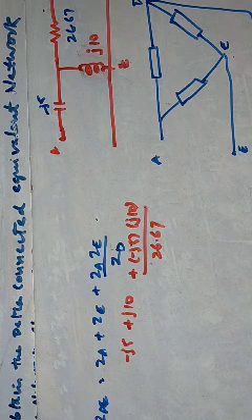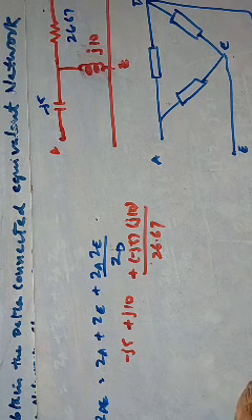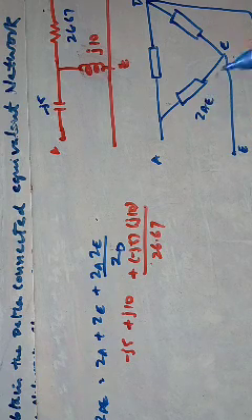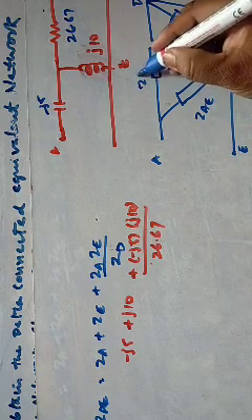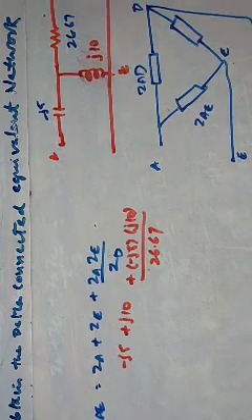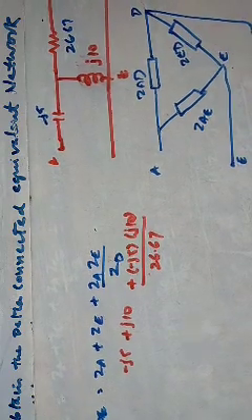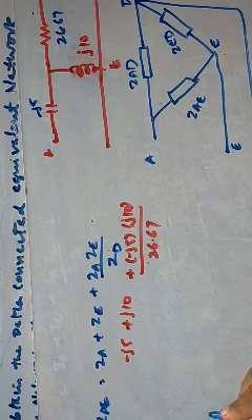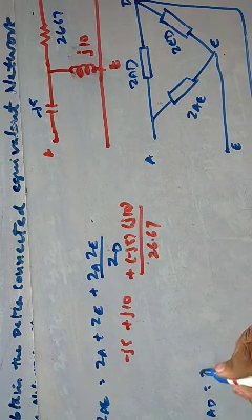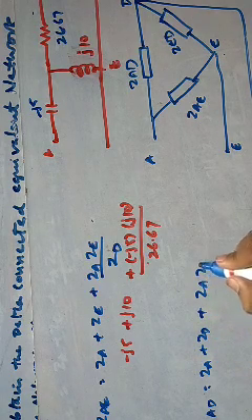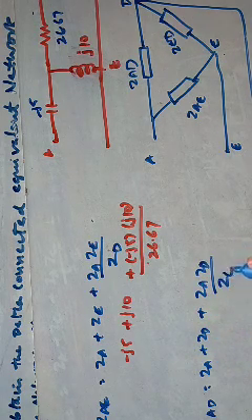Similarly, this is ZAE, this is ZAD, this is ZED. ZAD is equal to ZA plus ZD plus ZA ZD divided by ZE.